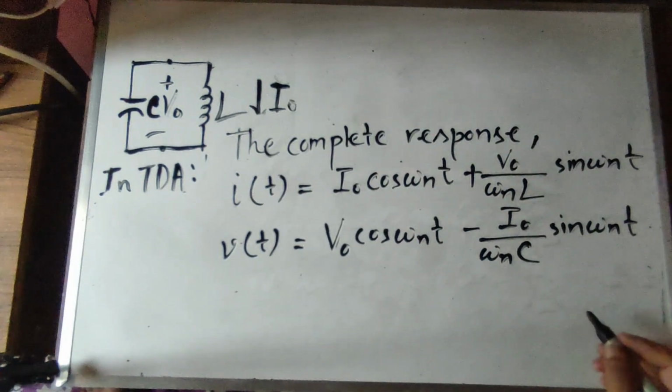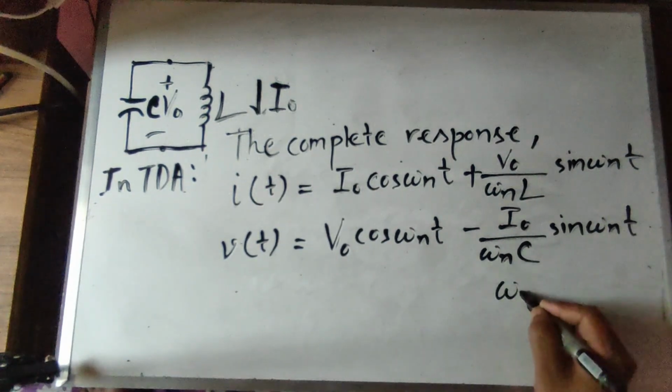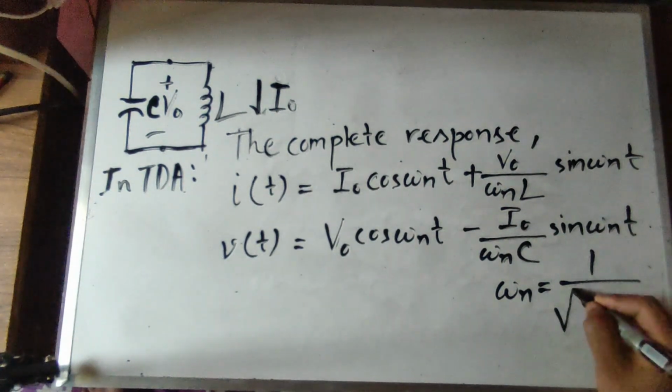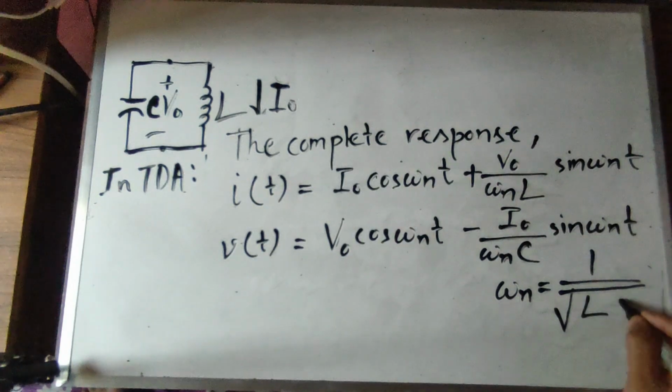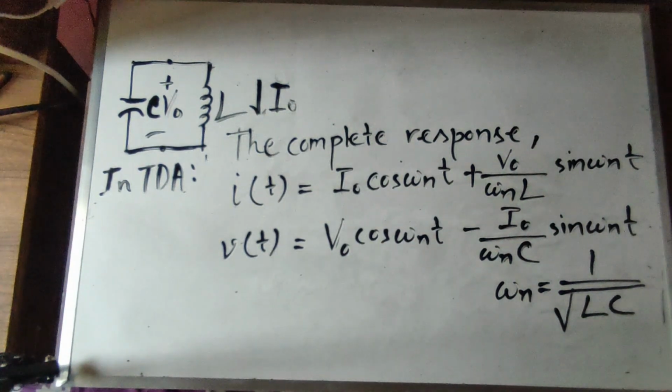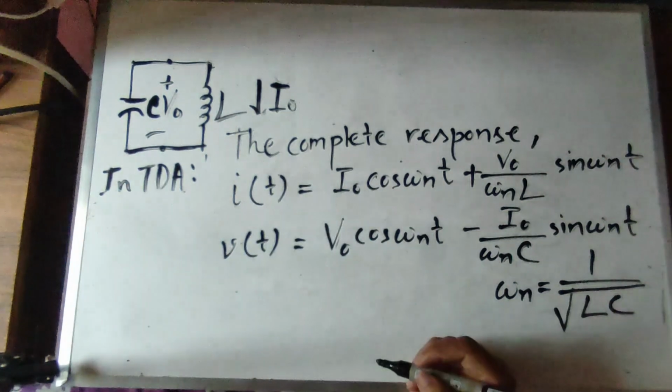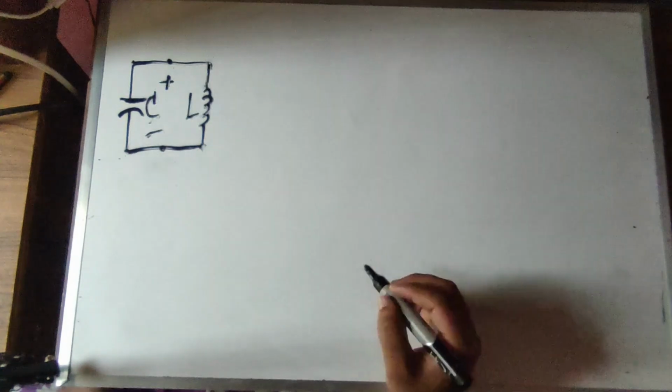So this is the complete response, where omega n equals 1 by root over LC. This is the full answer in time domain analysis for the LC response.